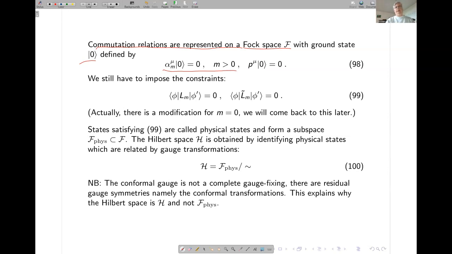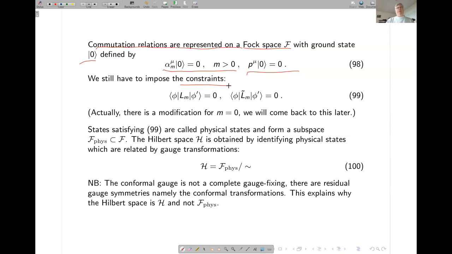And similarly, my ground state should be translation invariant, so it's annihilated by the momentum operator. This defines a big space, an analog of the configuration space, on which I have implemented my commutation relations. But then I have to impose the constraints.